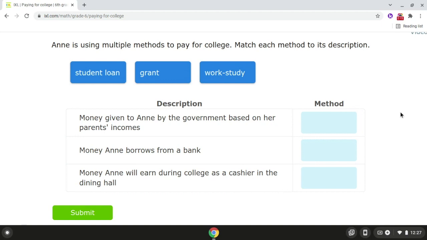Match each method to its description. Alright, so for description number 1, this is money given to Anne by the government based on her parents' incomes. This type of method is a grant method.